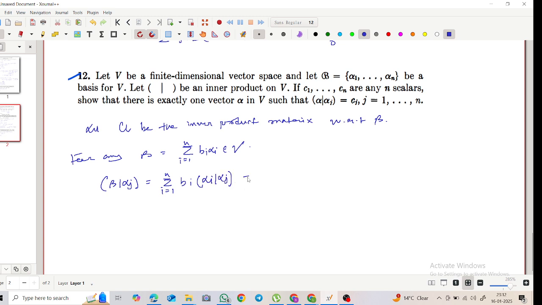By linearity, this is nothing but this, right. So let alpha equal the summation of x_i alpha_i.